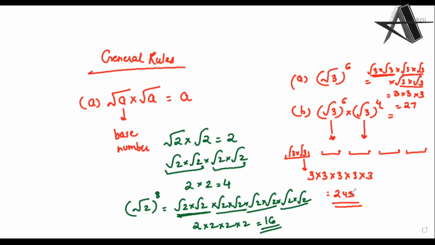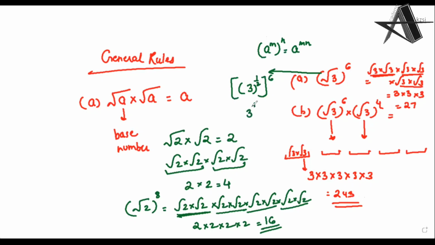There's another way you can solve this using the indices method. We know the formula a to the power of m, whole to the power of n, where you just multiply the powers. We know root 3 is 3 to the power of 1 by 2, whole to the power of 6. I'm just applying the fifth rule of indices.